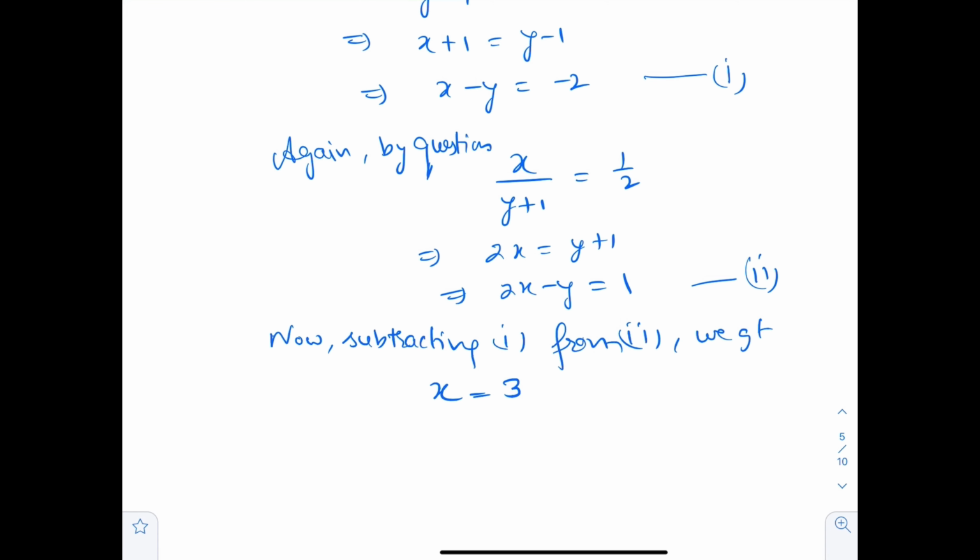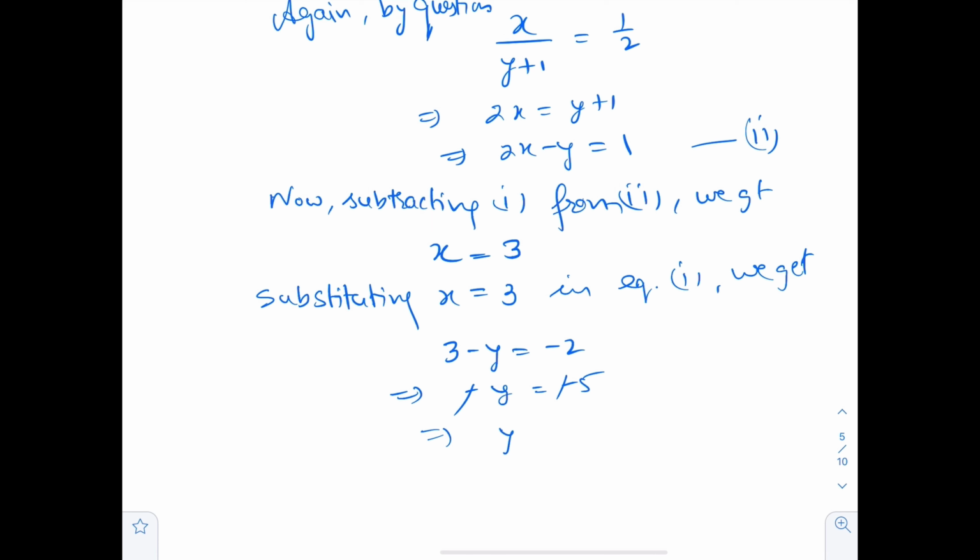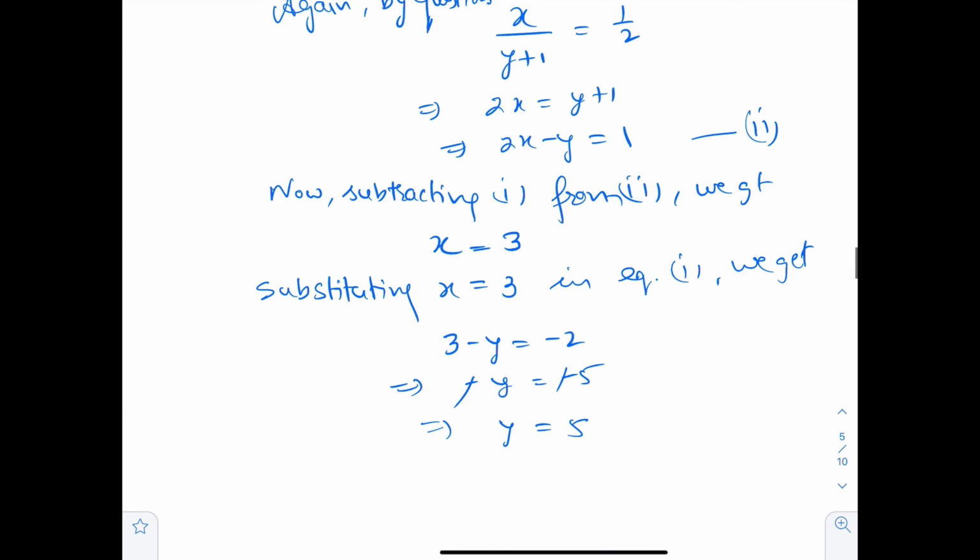Now substituting x equal to 3 in equation number 1, we get 3 minus y equal to minus 2. This implies minus y equal to minus 5, or y equal to 5.